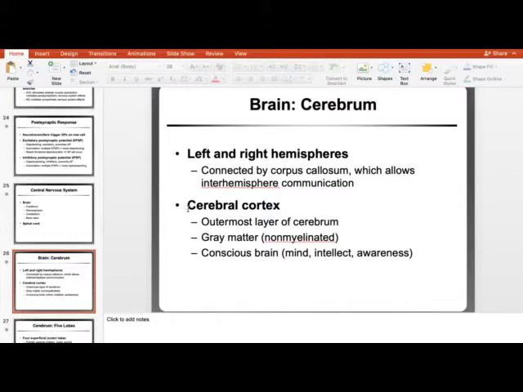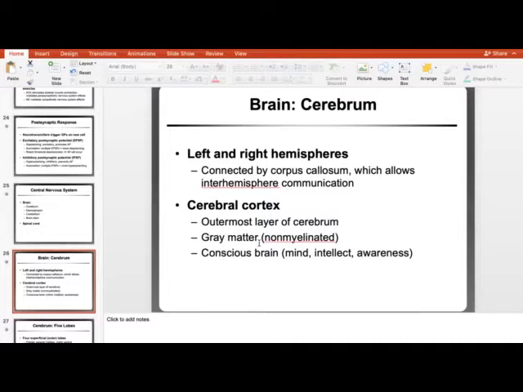There's the cerebral cortex, which is the outer layer of the cerebrum, typically the gray matter. If you look at a picture of a brain, it'll be gray. That's the cerebral cortex, and sometimes people refer to that as the conscious mind or the conscious brain.